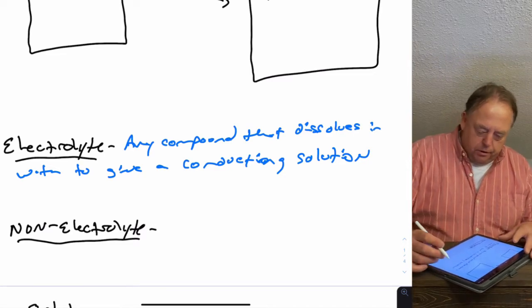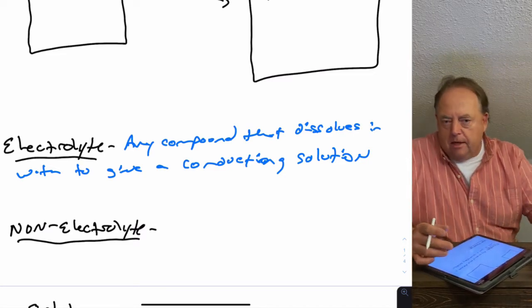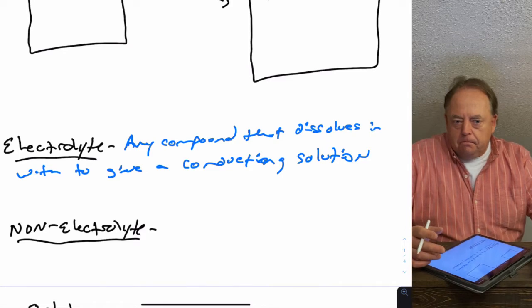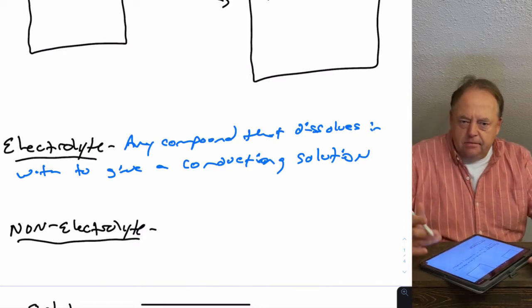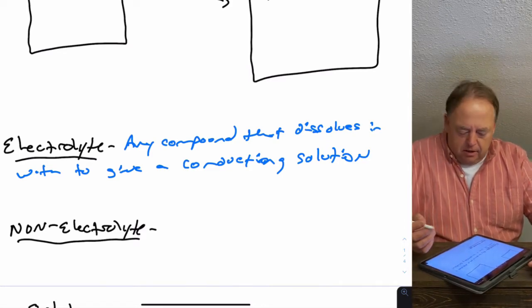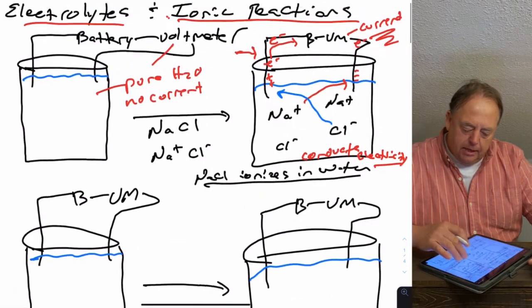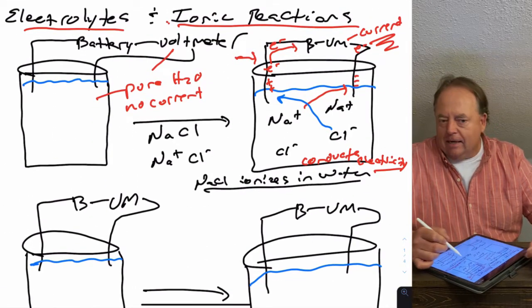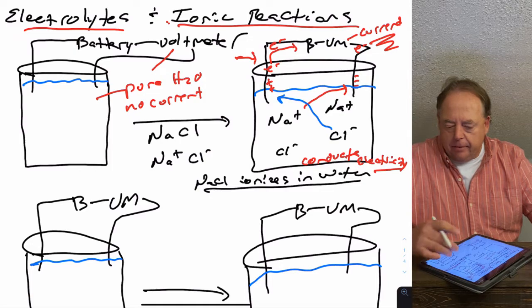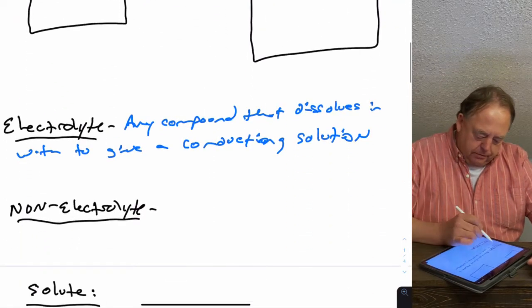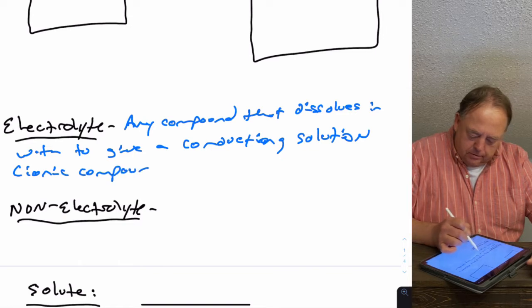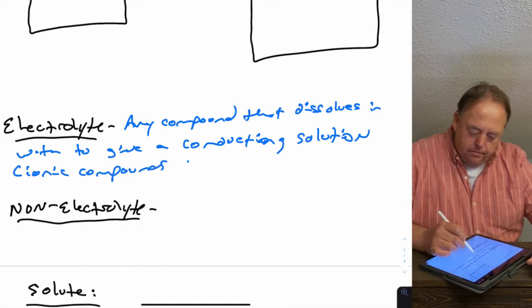This is probably a word that you've heard before. Where have you heard the word electrolyte used before? Probably in something like Gatorade. If you look at a sports drink, what's going to be the electrolyte? Something that dissolves in water and ionizes in water, so it's going to be an ionic compound. So electrolytes are typically ionic compounds that dissolve in water.